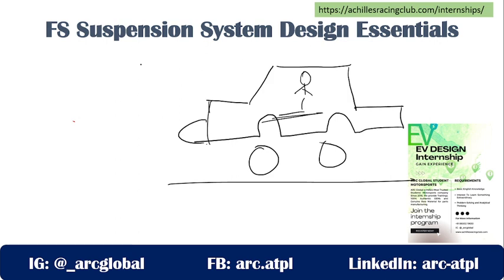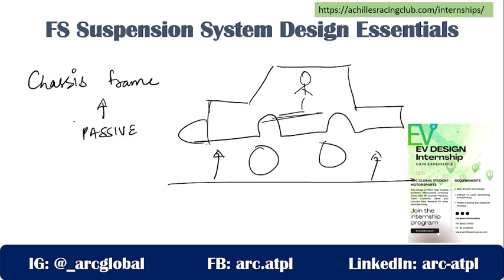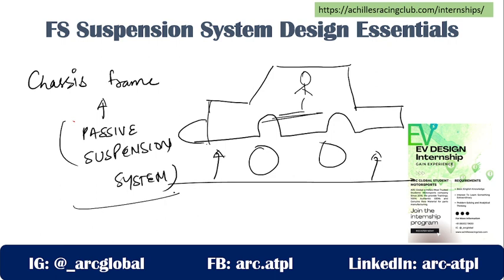Its primary function is not to hold you over the ground. So you can also say that my chassis frame structure is a part of suspension system, but still the passive suspension system.